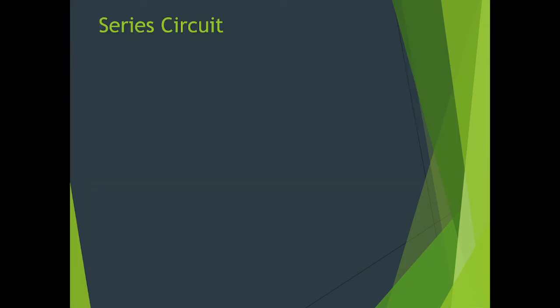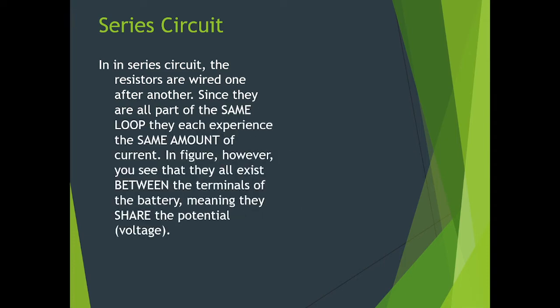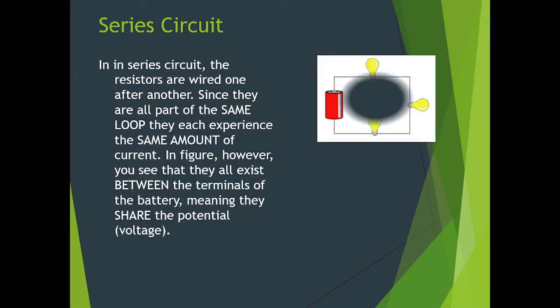In a series circuit, the resistors are wired one after another. Since they are all part of the same loop, they each experience the same amount of current. In the figure, however, you see that they all exist between the terminals of the battery, meaning they share the same potential difference generated at the terminals of the battery. It is also true to say they share the same voltage.